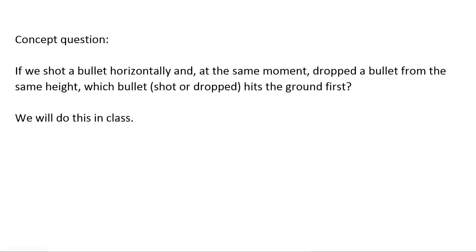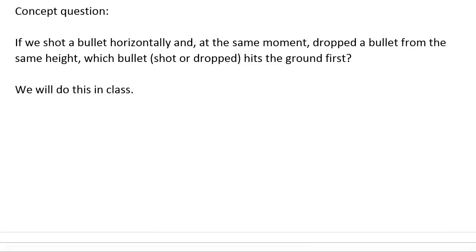Concept question here. It says, if we shot a bullet horizontally and at the same moment dropped a bullet from the same height, which bullet, the one that is shot or dropped, hits the ground first? So you just imagine what's going on here. So here's the blue bullet. It's shot horizontally real fast. So it's going to take this parabolic path to hit the ground.